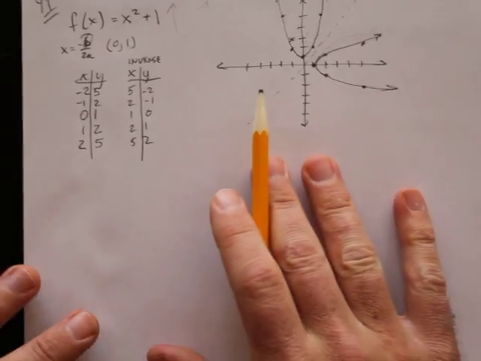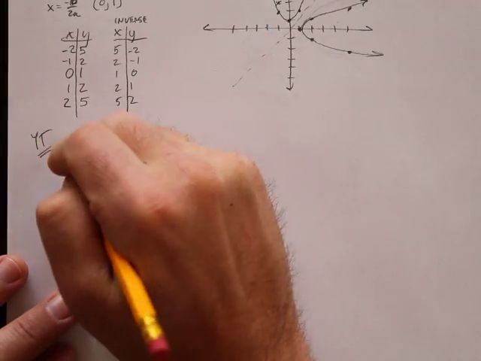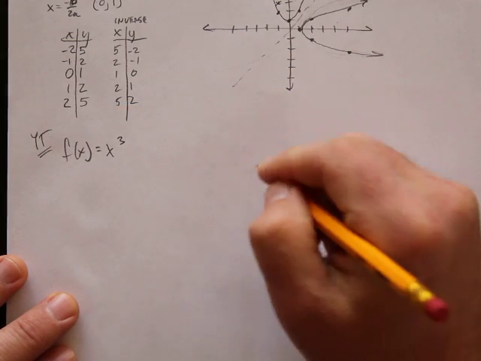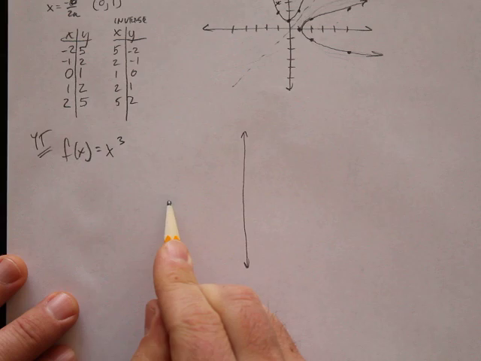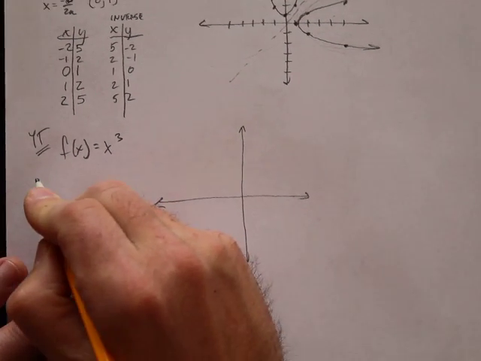All right, let's do one more. F of x equals x cubed. So draw your coordinate plane. And here I'm going to get you set up.